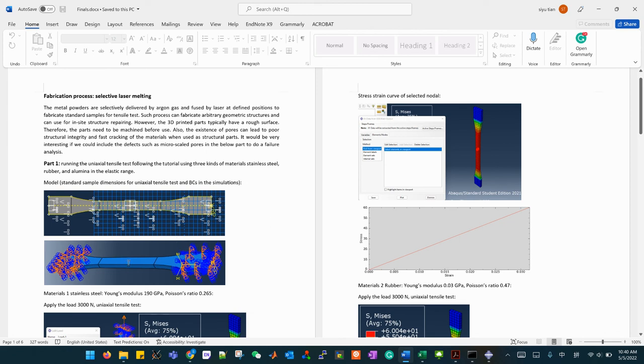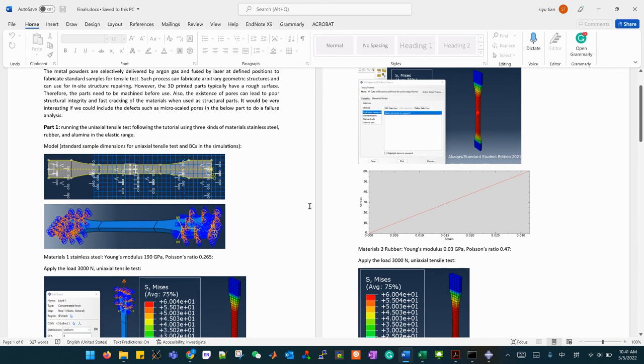For example, if you have high porosity in here, it will make your sample more sensitive to force, and that means it can fail quickly compared to parts fabricated by traditional methods. So in that way, we have to change the fabrication process or make additive manufacturing more realistic, trying to reduce the defects during the fabrication process to improve the material properties.